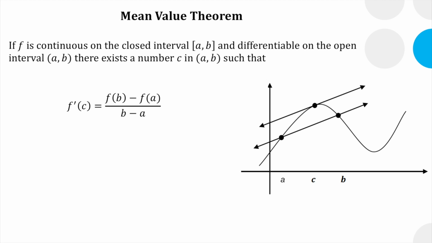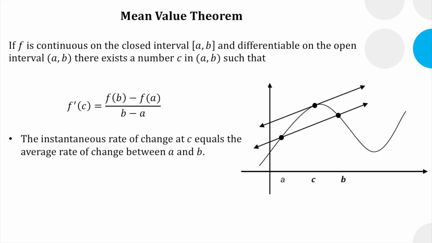What does that mean? Somewhere, the instantaneous rate of change equals the average rate of change. In other words, somewhere, the slope of the secant line equals the slope of a tangent line.